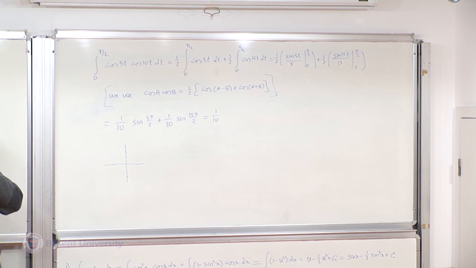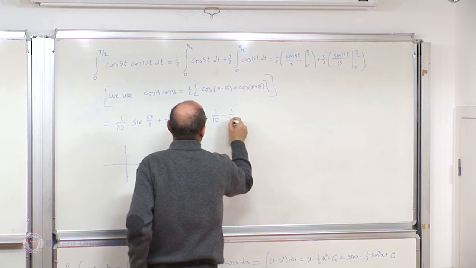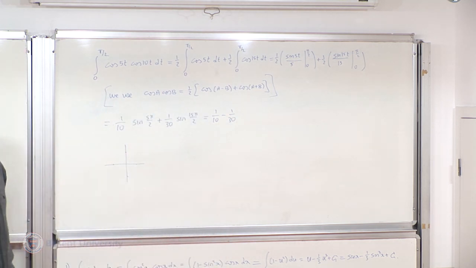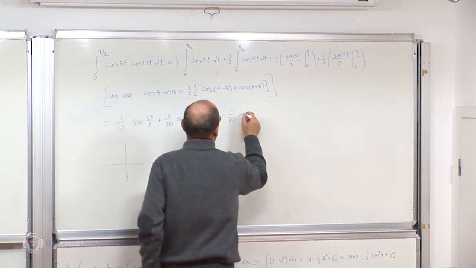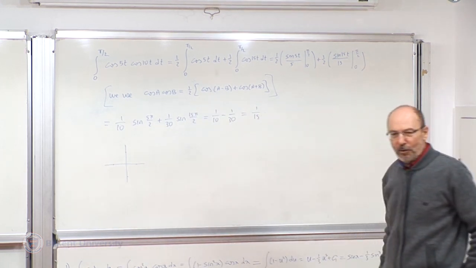Minus 1. So minus 1 over 30. I take no responsibility for this. You said 1 over 30. So what is the difference? 1 over 15. So it works.